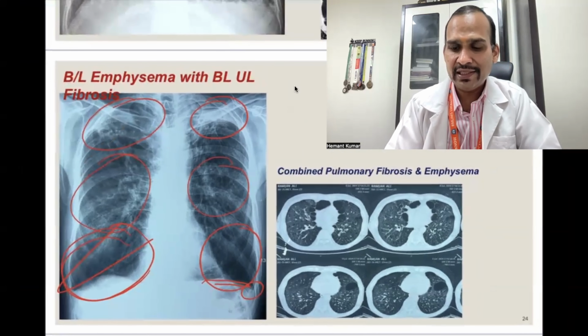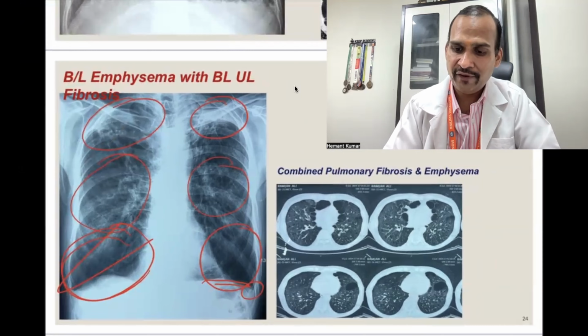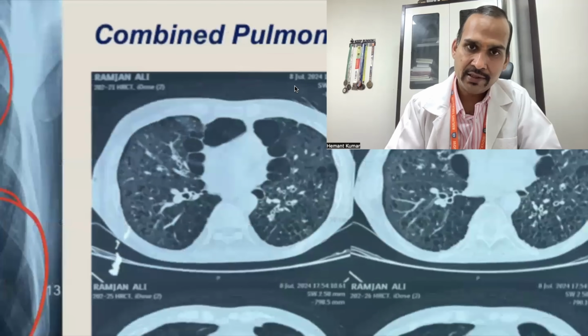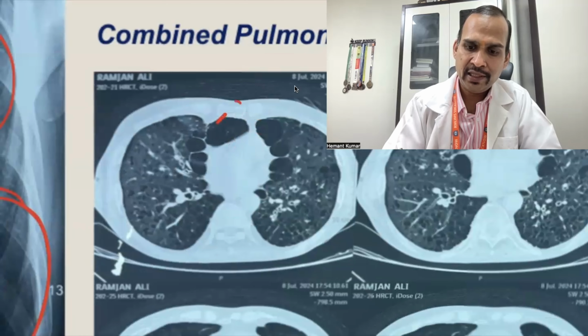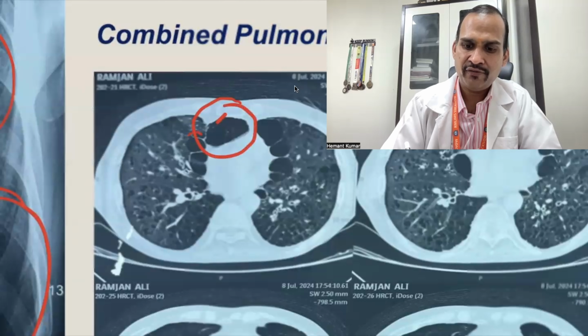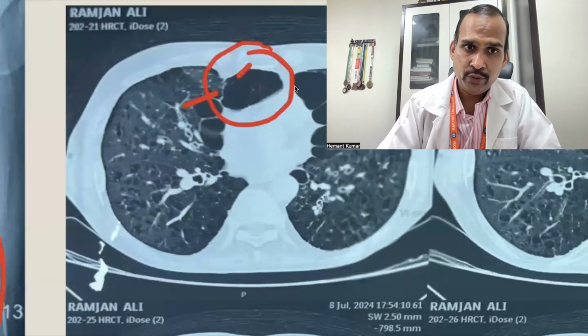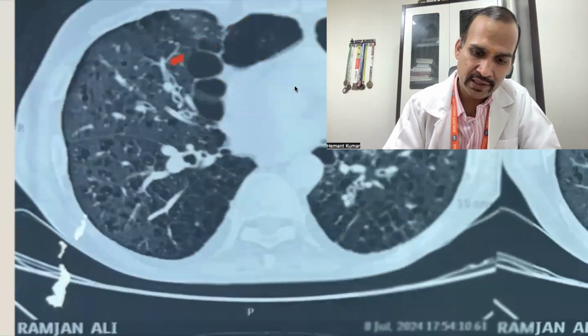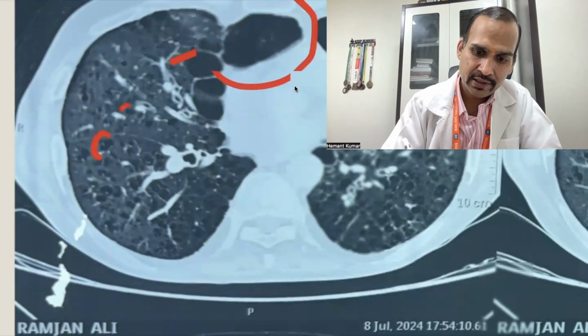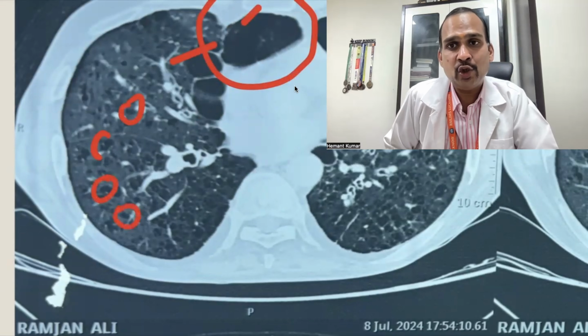So if you do a CT scan, you can find emphysema. Can you appreciate? This is paraseptal emphysema. And if you see carefully, you can see a lot of air in between. See, this is air. So this is centrilobular emphysema or centriacinar emphysema.